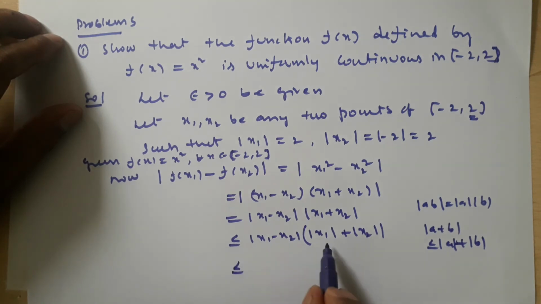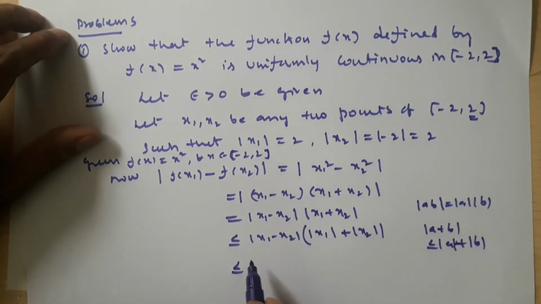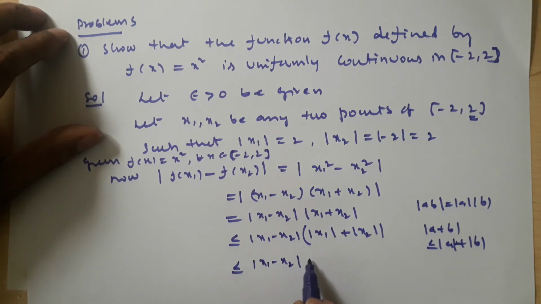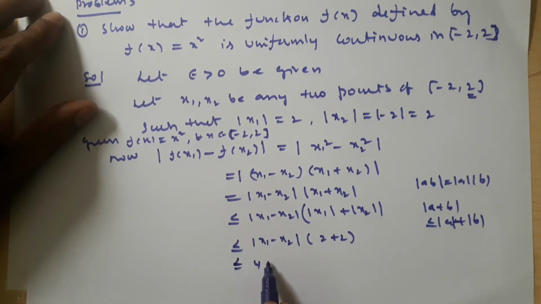This is less than or equal to, again, because mod x1 is 2, mod x2 is also 2, mod x1 minus x2 into 2 plus 2. This is less than or equal to 4 into mod x1 minus x2.